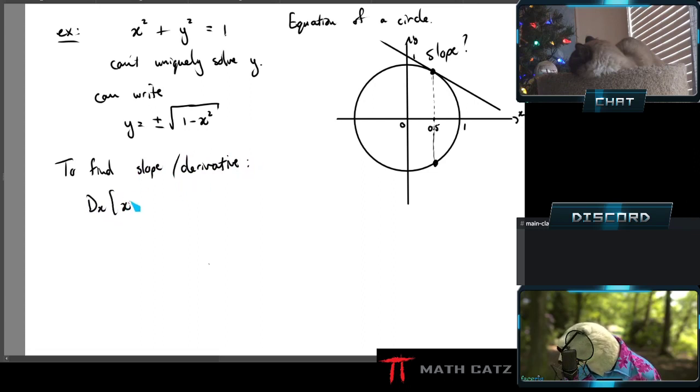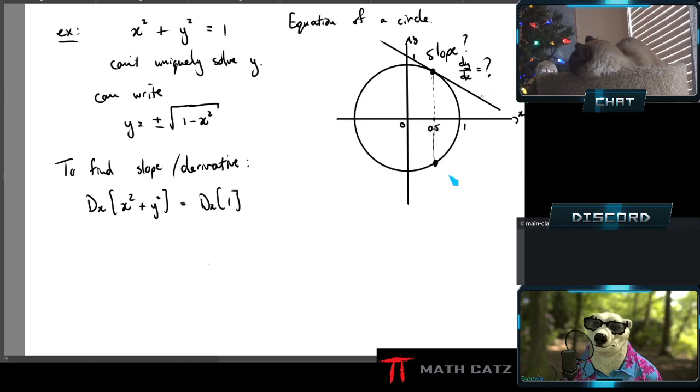Derivative of the left-hand side equals derivative of the right-hand side. The slope is dy/dx at that x value, right? Still the derivative. I'm trying to find it. Implicit differentiation allows me to find it when I can't solve for x.